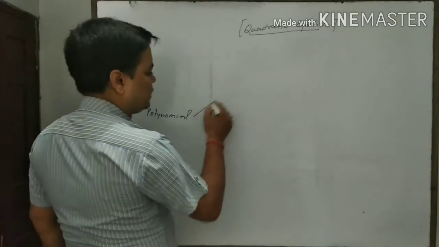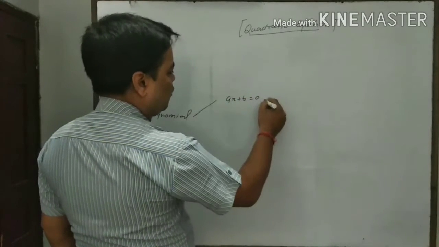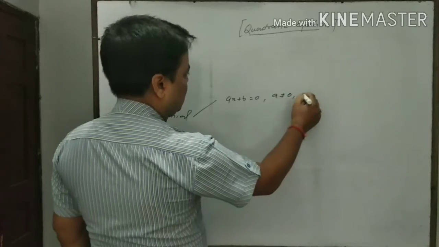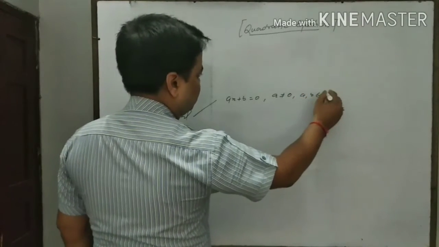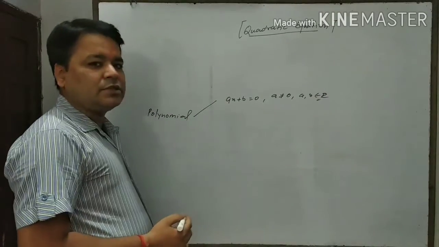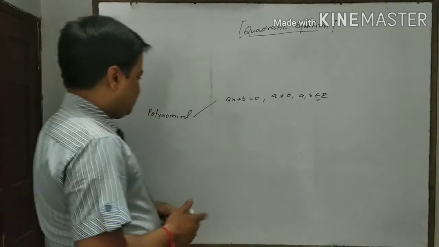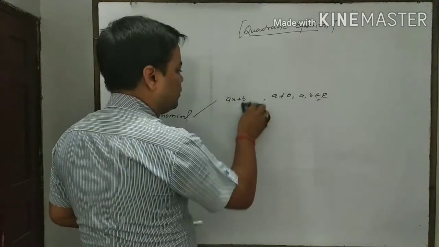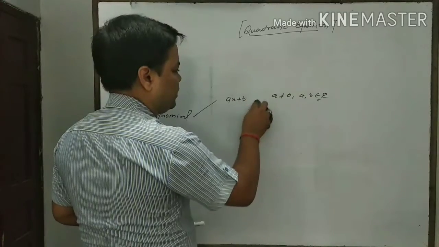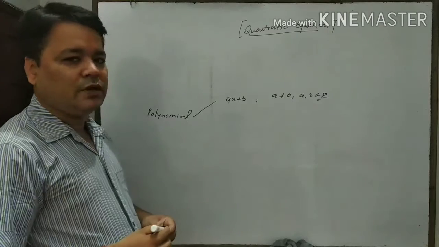If it is in this form, ax plus b is equal to c, where a is not equal to 0 and a, b belong to real numbers, then this is the linear equation. But if it is a polynomial, then it is only ax plus b, where a is not equal to 0 and a, b belong to real numbers.